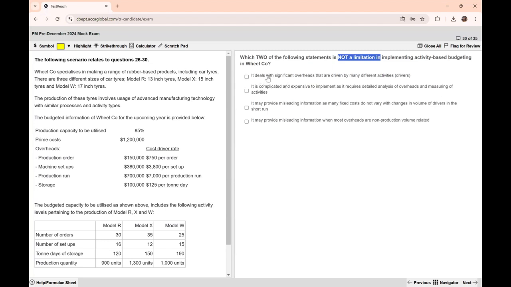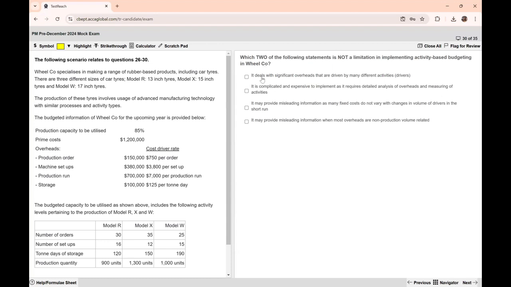So the first statement is it deals with significant overheads that are driven by many different activities. See, one very important thing is here they are asking which two of the following statements. So you have to select two. If nothing is mentioned, the deemed assumption is that you have to select only one statement. So be careful about that.